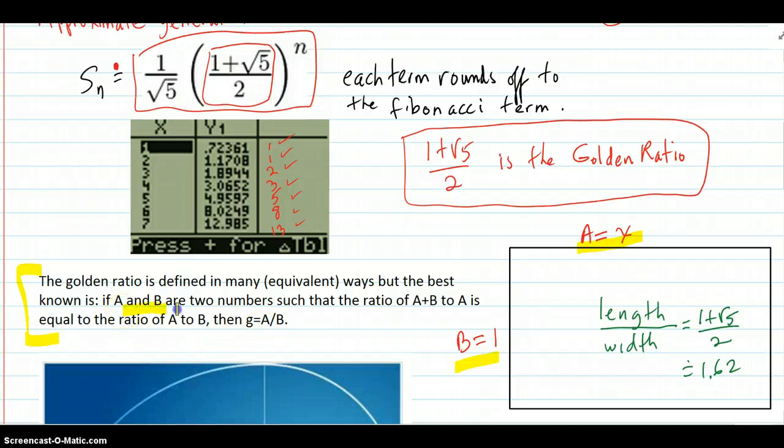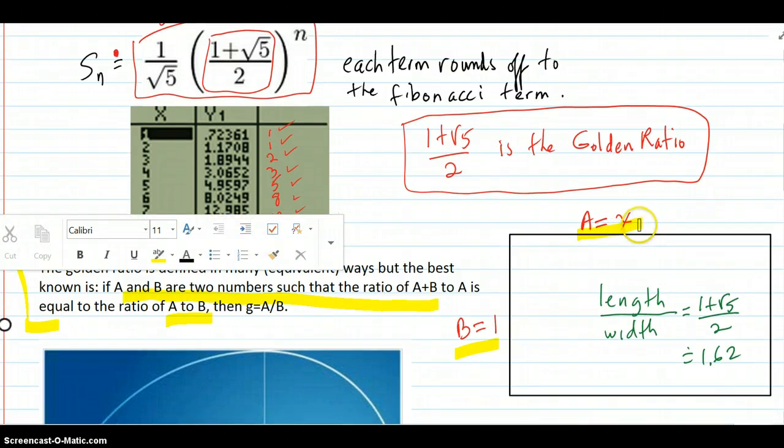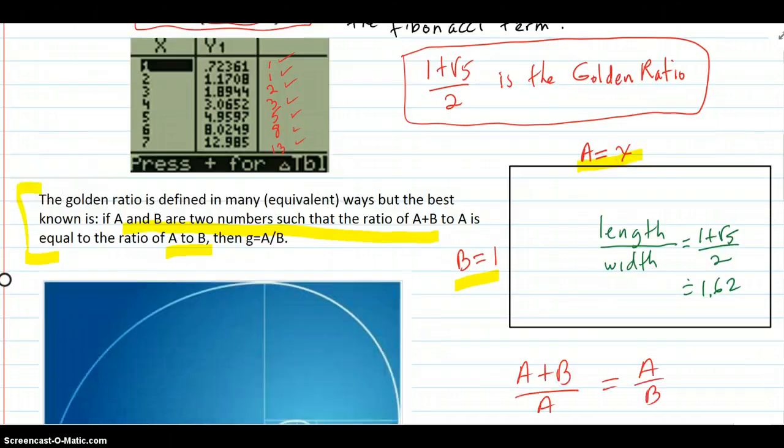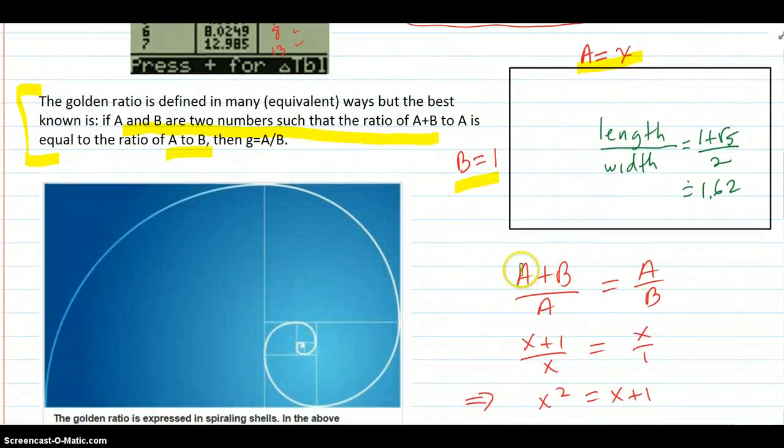If a and b are two numbers such that the ratio of a plus b to a equals the ratio of a to b, then the golden ratio is a to b. So we're going to solve for this to find out what that actual ratio is that satisfies that definition. And we come over to here. A plus b to a is equal to a divided by b.